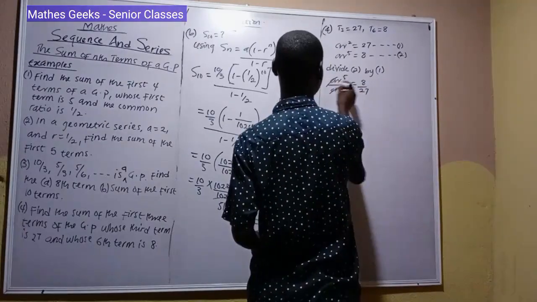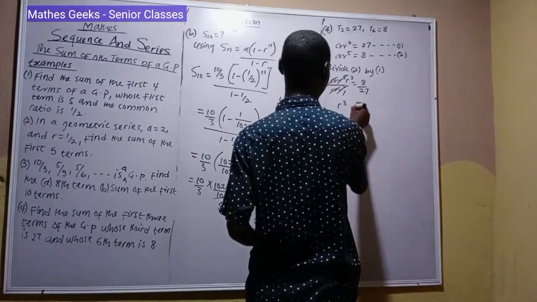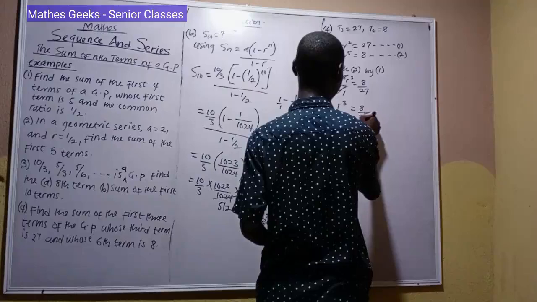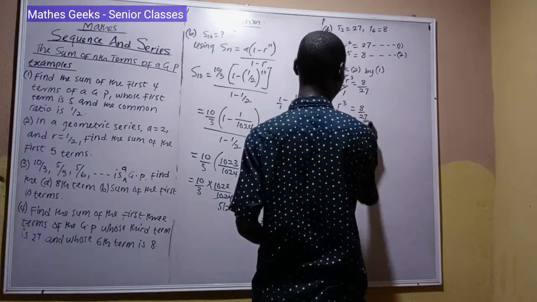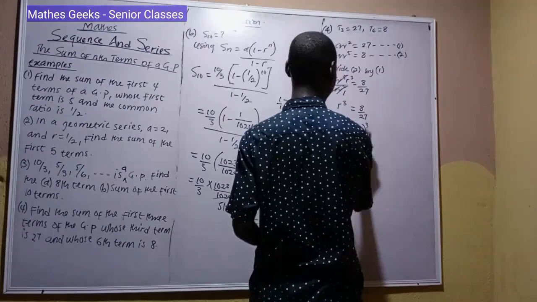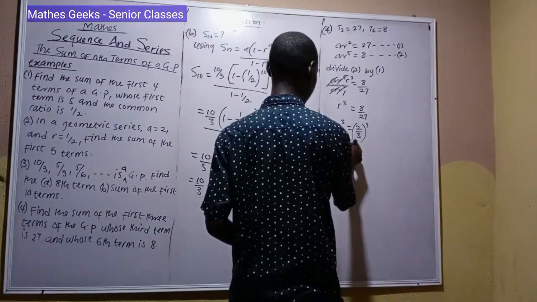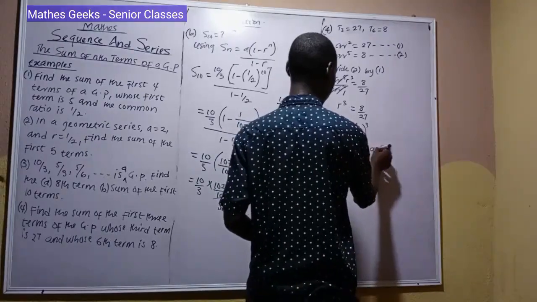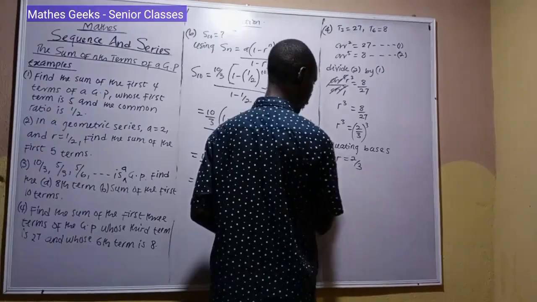So this will cancel, which will give us R raised to power 3. R raised to power 3 is equal to 8 over 27, which is 2 over 3 raised to power 3. And this will give us, equating bases, R is equal to 2 over 3.